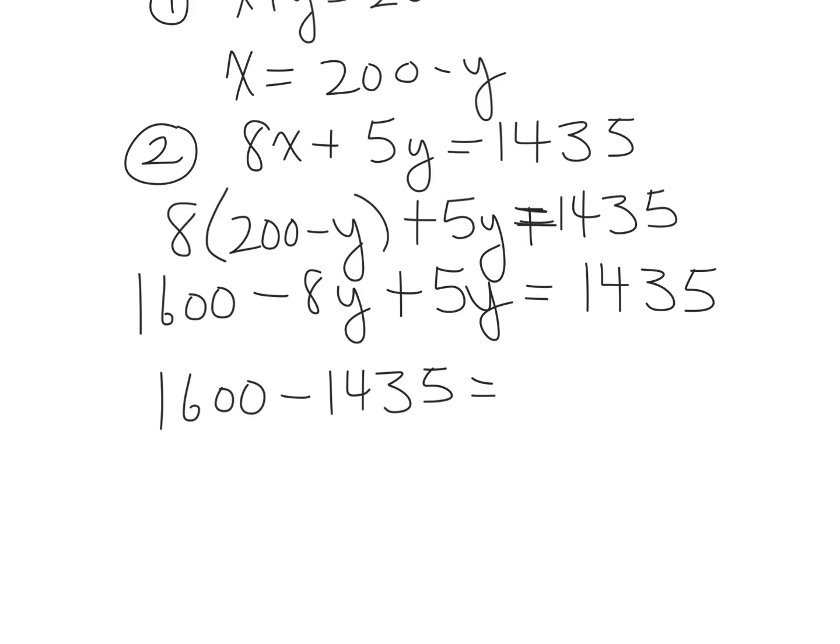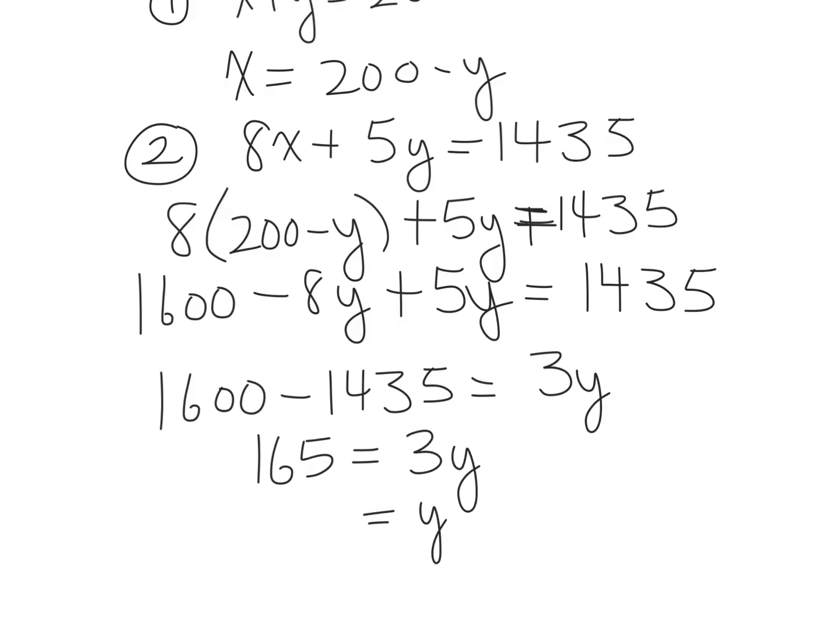And on this side, I'm going to have 3y. So that's the minus 8y plus 5y. That will give me negative 3y on the left of the equation. And I'm moving that over to the right side. And 1,600 minus 1,435 equals 165 on this side.